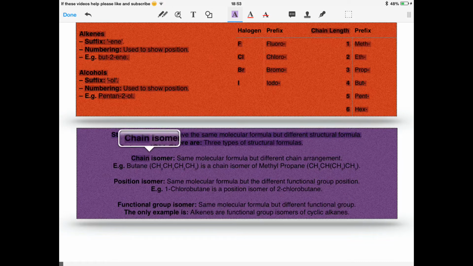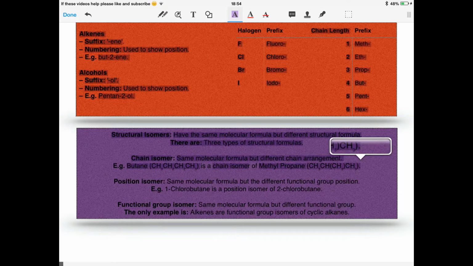An example of this is butane. The structural formula of this is CH3CH2CH2CH3, and this is also a chain isomer of methylpropane. As you can see, it's got a different chain. The chain now is only 3, but it's still got the methyl, and the structural formula of this is CH3CH(CH3)CH3. If you want to see that this has the same molecular formula, well, here we go.